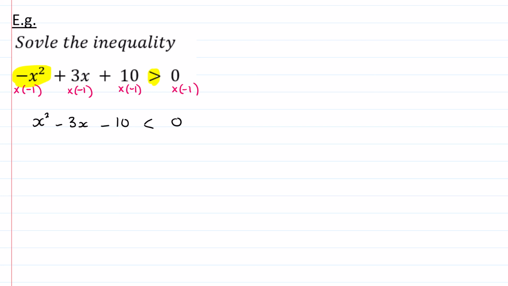Because if you move it to the other side and it stays like this, it will be x squared minus 3x minus 10, and that will be 0. So still, it's still smaller than. So this one has become smaller than.